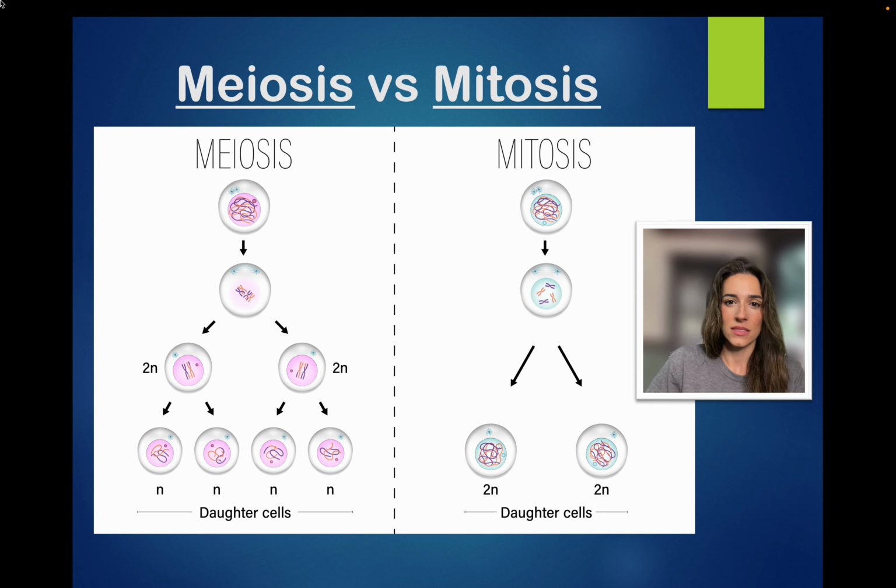One diploid cell divides once to create 2 identical diploid cells, each with 46 chromosomes. You'll see mitosis in action in your skin, your muscles, and other non-reproductive cells. Meiosis, on the other hand, is used only for making gametes, where one diploid cell divides twice, producing 4 genetically unique haploid cells, each with 23 chromosomes.